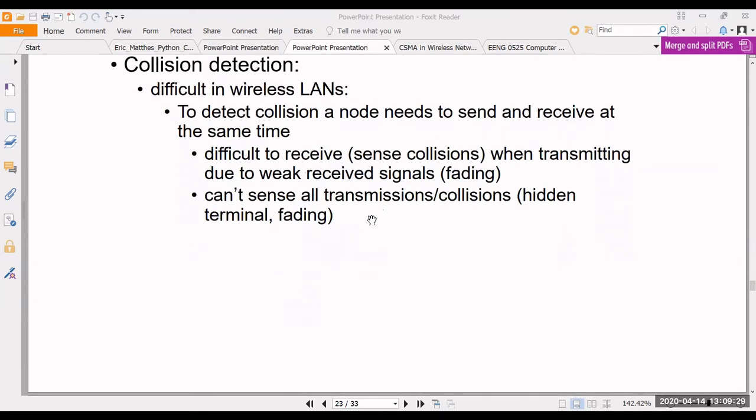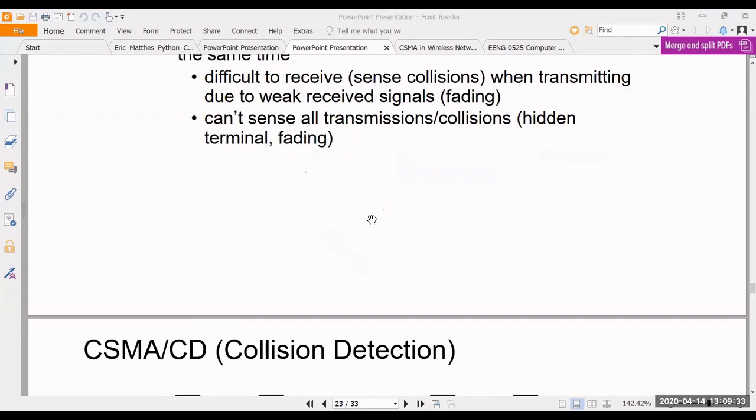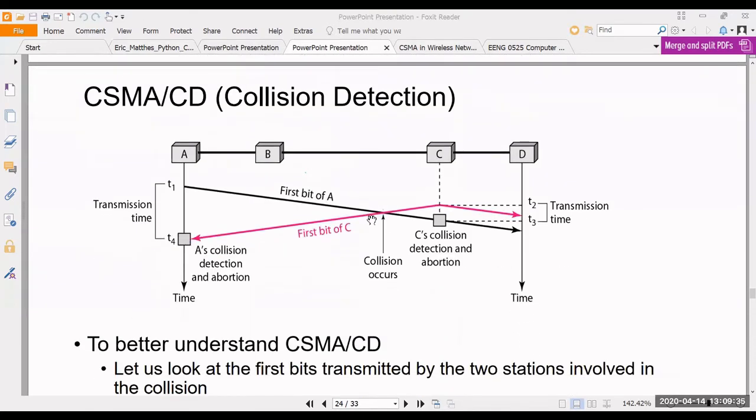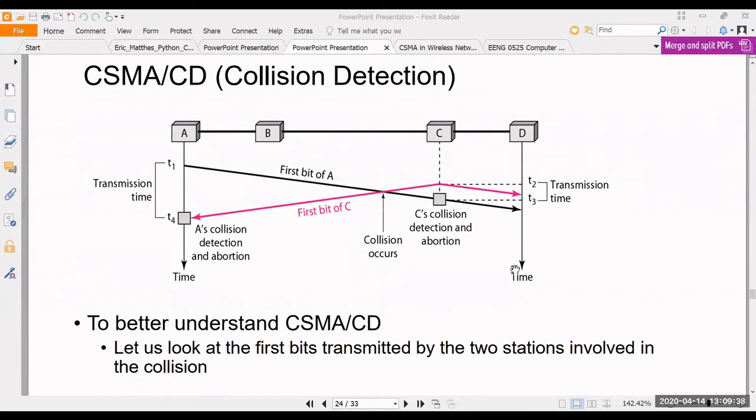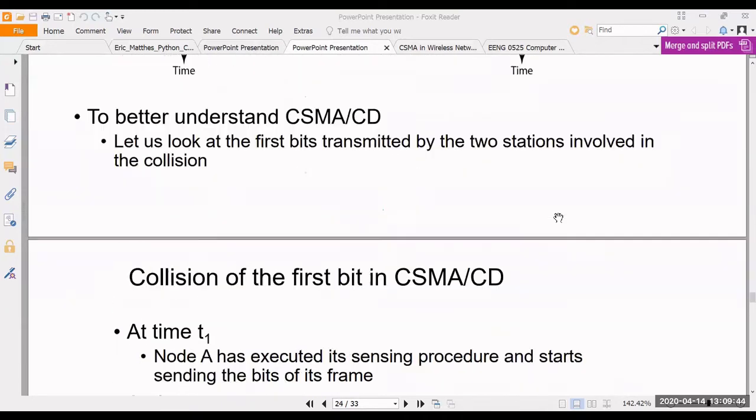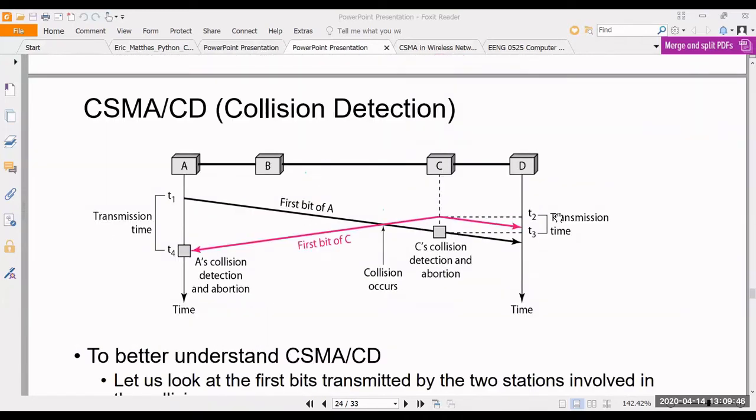Now let's talk about collision avoidance and why collision detection can't actually work in avoidance. We are back to this diagram again. We have a system that connects A to B, C and D, which means A, B, C, D are sharing the same link.